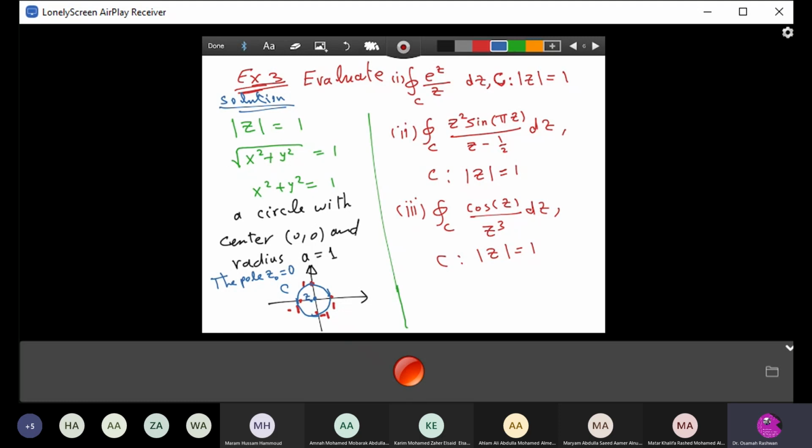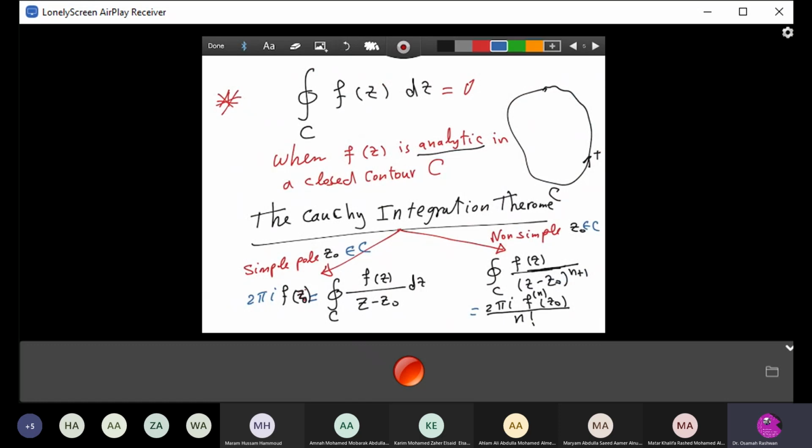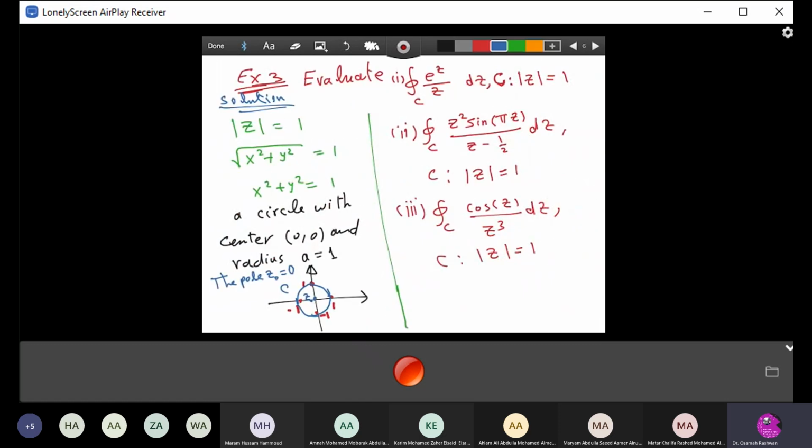In the first one and the second one. Also, if here Z naught is half, where is half? Half is here, so it is also inside. Here Z naught is 0, it is inside. This is the main point you have to repeat every time in your solution. You have to graph the contour C, closed contour, and then you decide whether your Z naught is inside or outside.